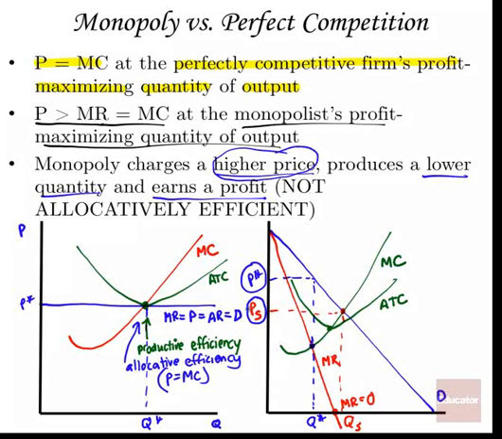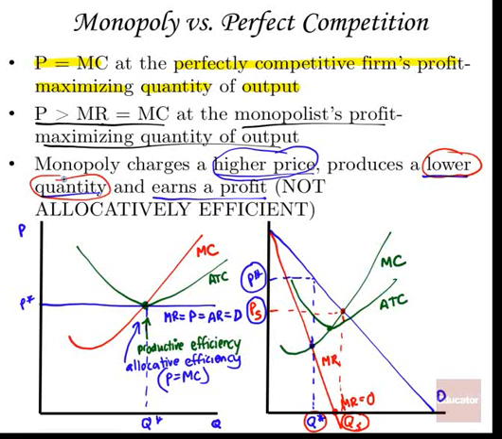The monopoly charges a higher price. And here, the monopoly chooses to produce Q star, and Q star is less than QS. So a monopoly produces a lower quantity.